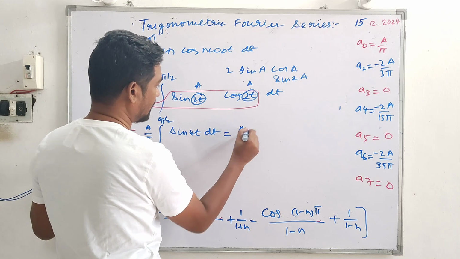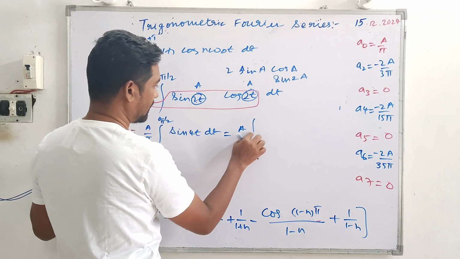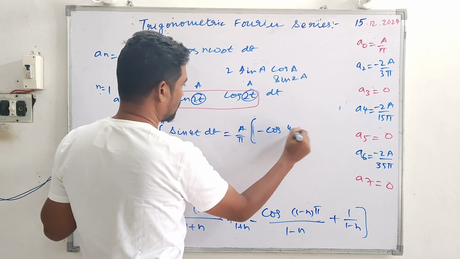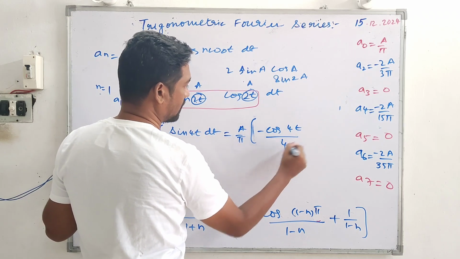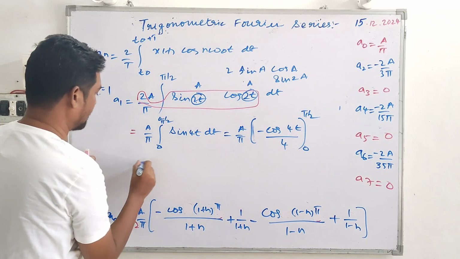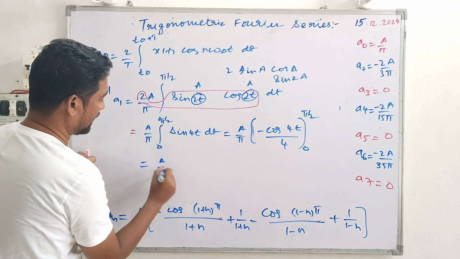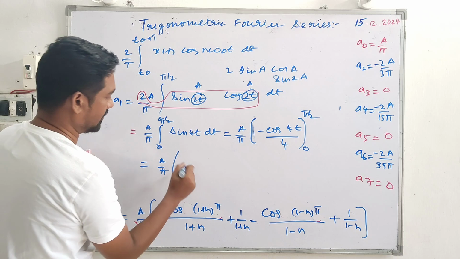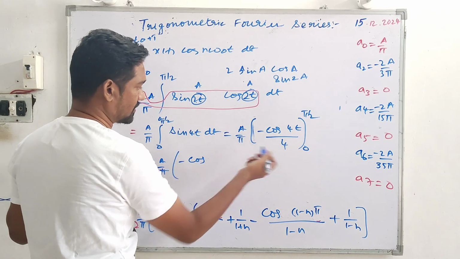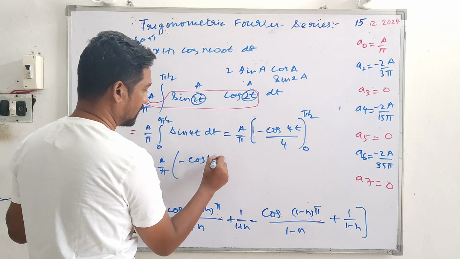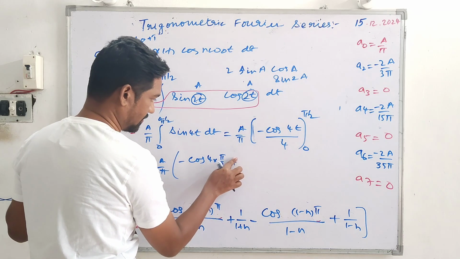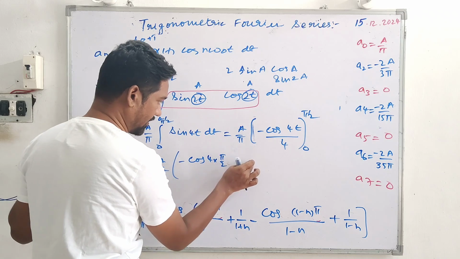And integrating this one, A by pi, integrating minus cos 4t by 4 between 0 to pi by 2. Alright, so A by pi, plugging in the upper limit, minus cos of 4 into pi by 2, minus the lower limit, isn't it?